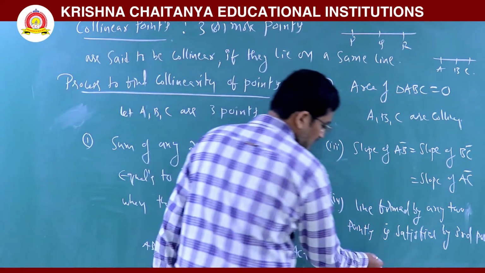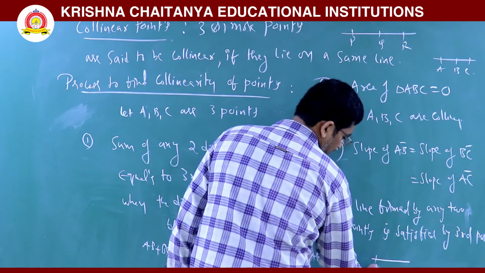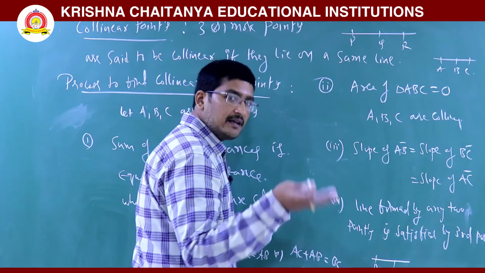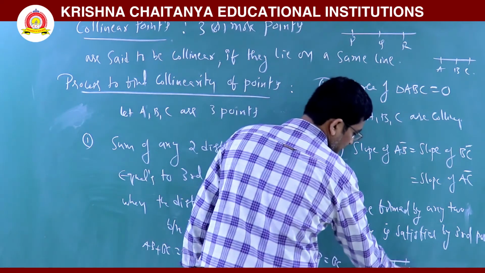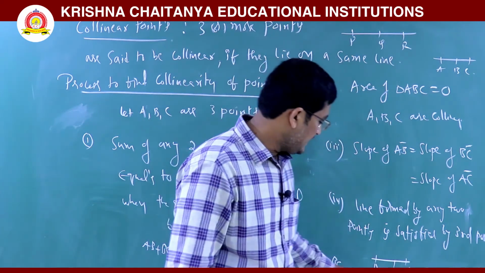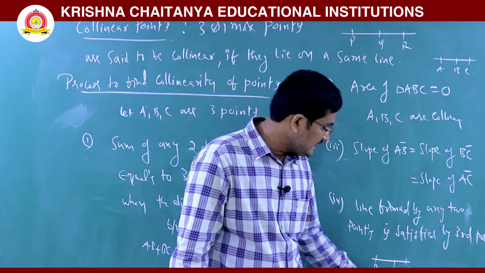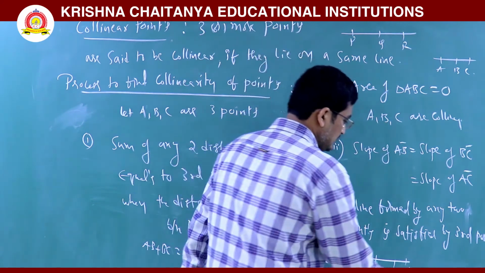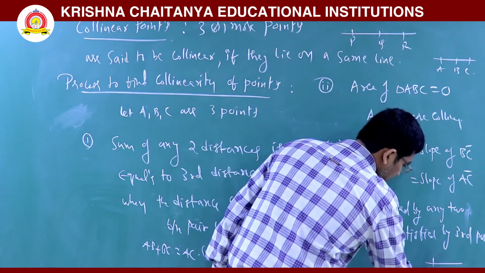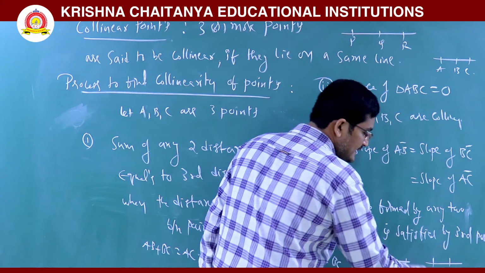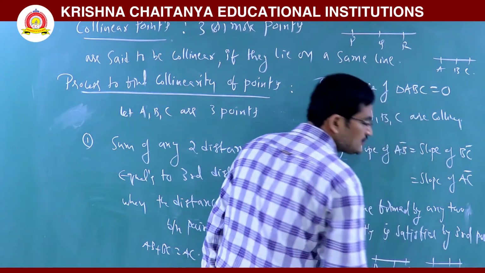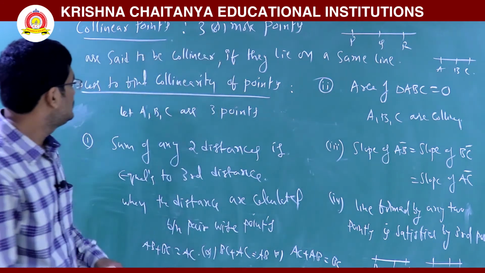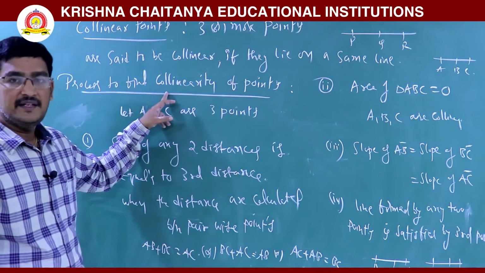Suppose the line formed by B, C is satisfied by A, that means A lies on that line, then also you have to say ABC are collinear. Or the line formed by AC is satisfied by B, then also ABC are collinear. So these are all the methods to check the collinearity of any 3 points.